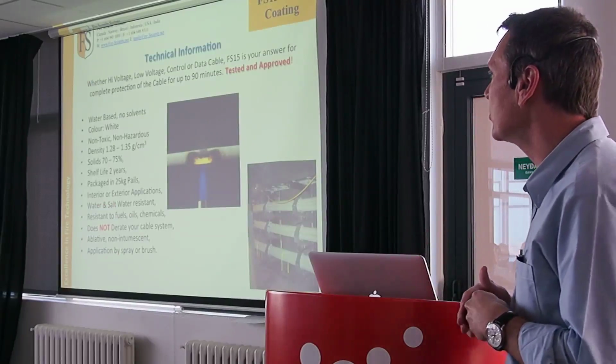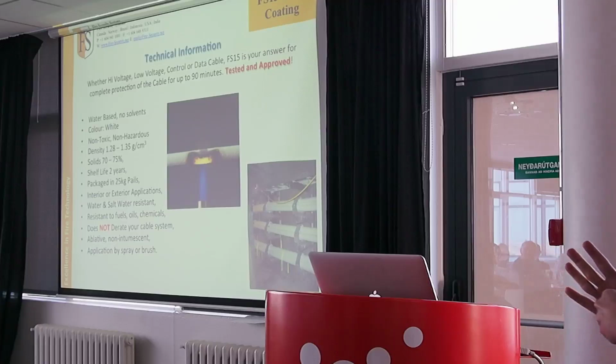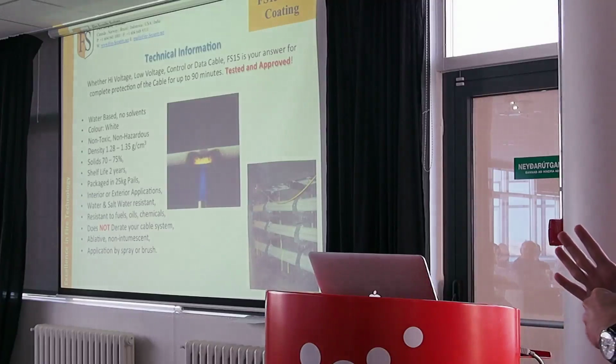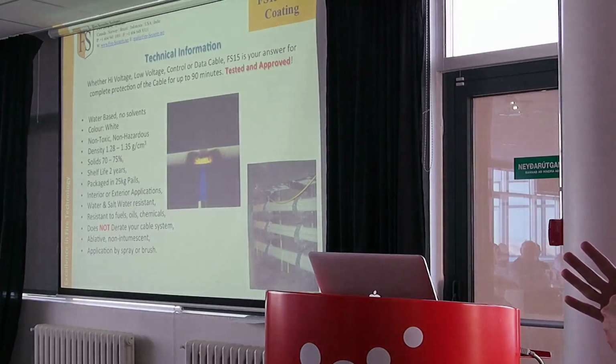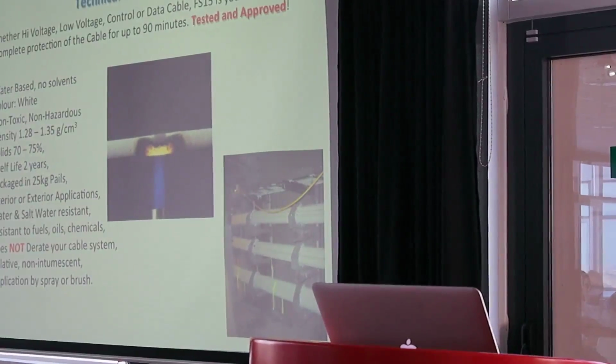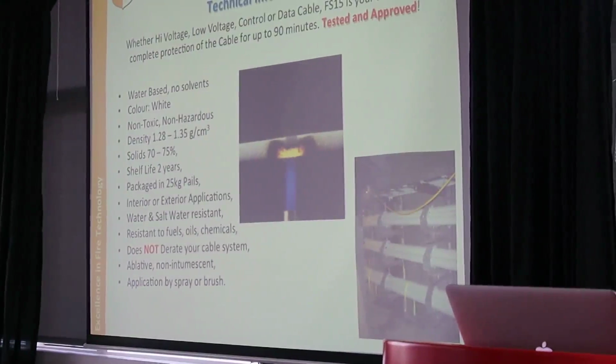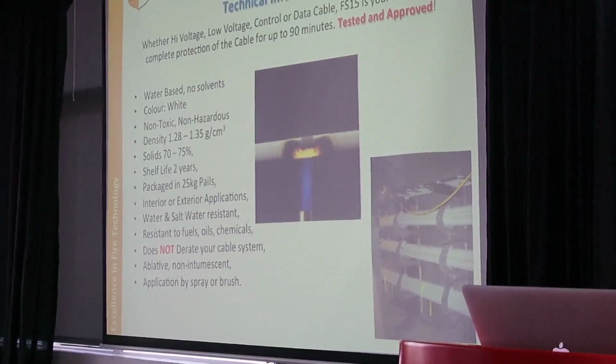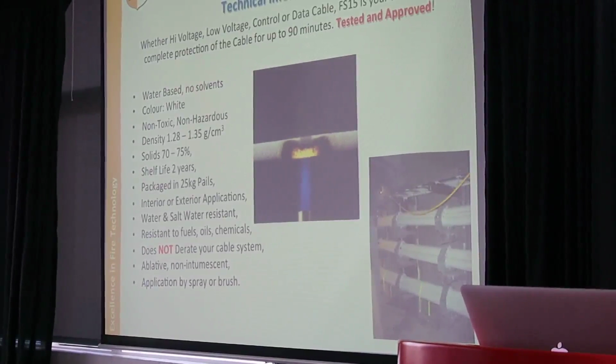So whether high voltage, low voltage, control or data cable, FS15 is the answer for complete protection of the cable for 90 minutes. Now there's two things. We've also just finished a whole raft of tests in Warrington in the UK for British Rail for compartment fires, toxicity, spread of flame, what's called cone calorimeter testing, which I still don't quite understand.